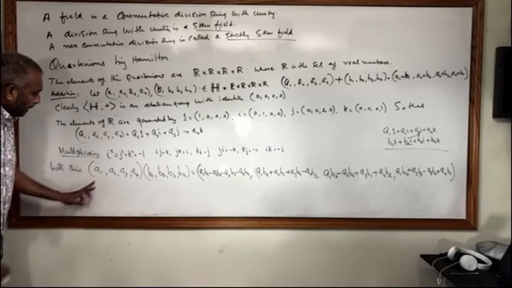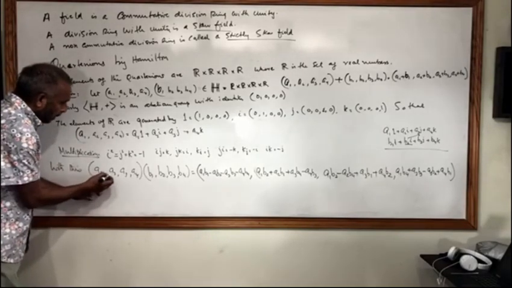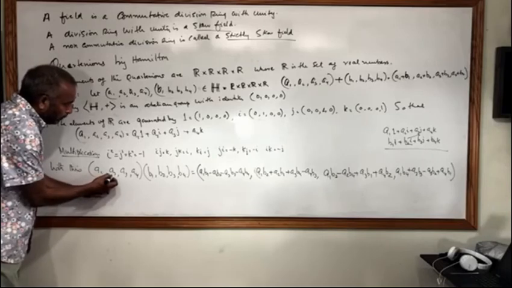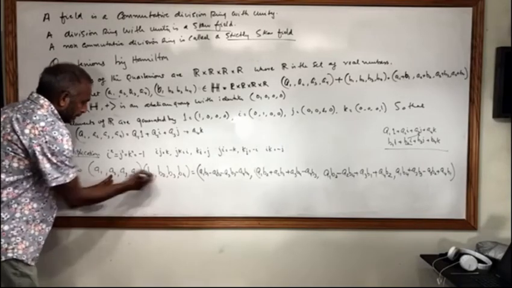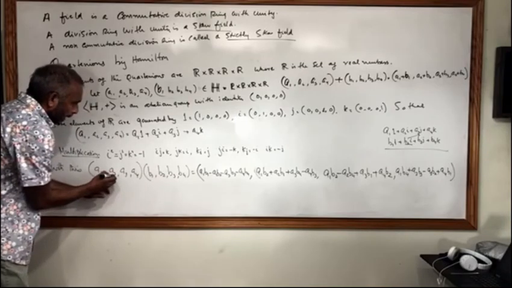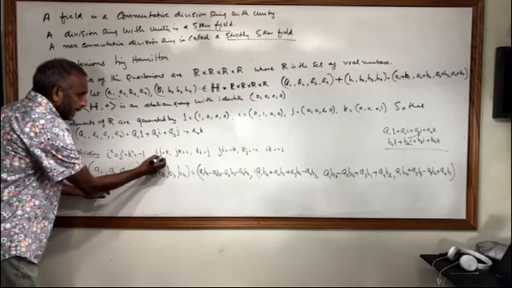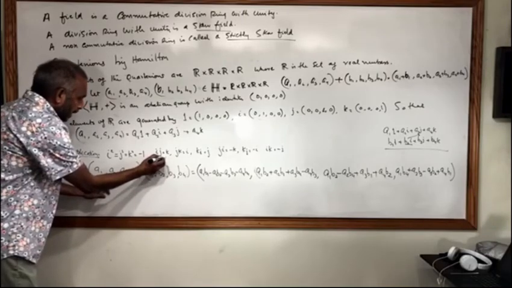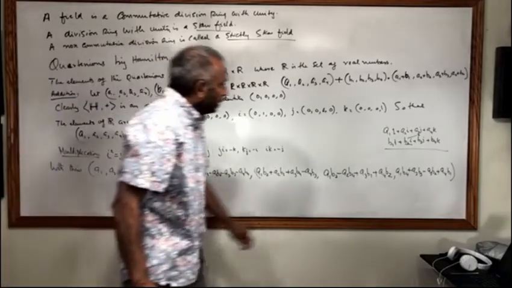Just take one example. When you take a2 times b3, this is actually a2 i times b3 j, so ij is k, and that is where a2 b3 is coming here.